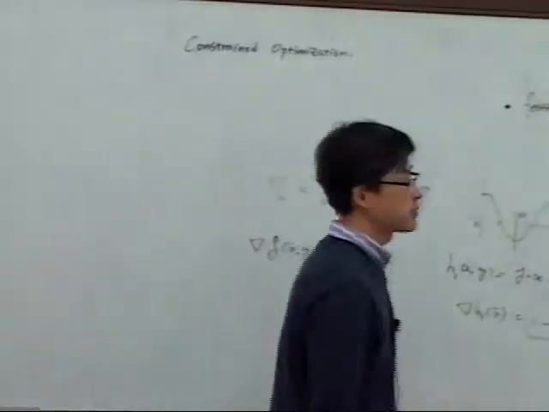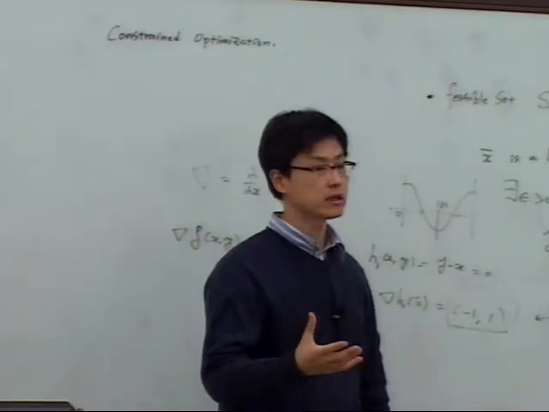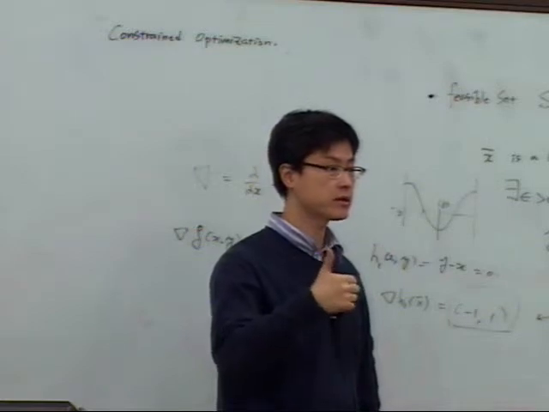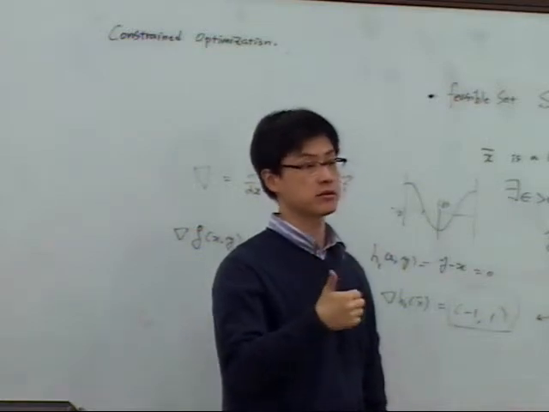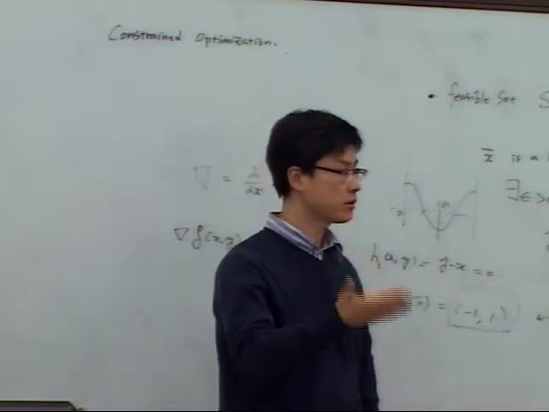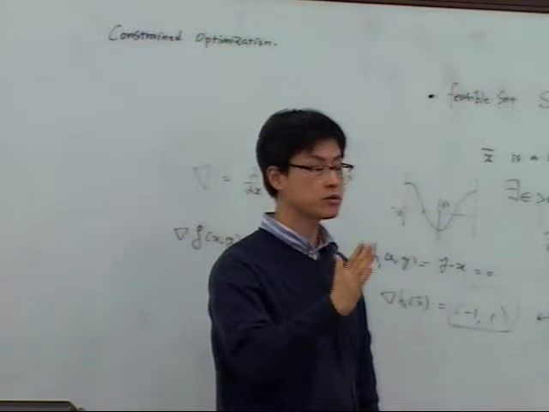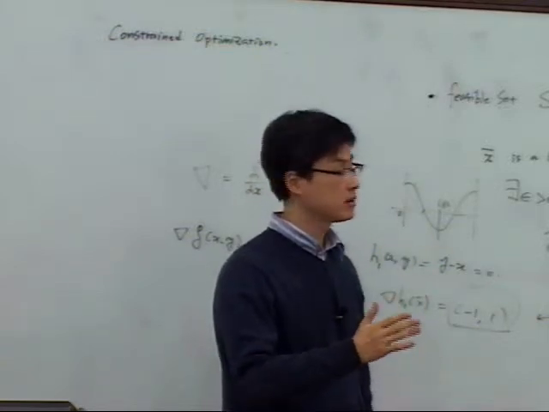And I mentioned before, we have to consider a variety of things because this is constrained optimization. First thing is we have to consider the direction. We cannot just follow the descent direction because sometimes, because of this feasible set, our direction is limited.